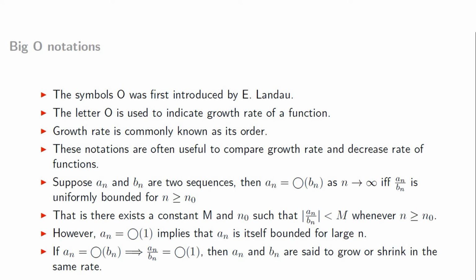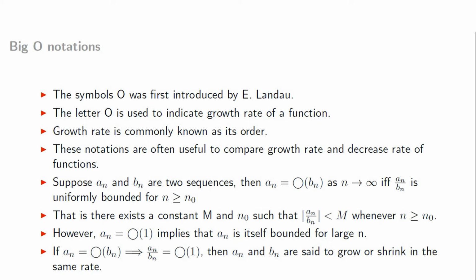Suppose an and bn are two sequences. Then an equals big O of bn as n tends to infinity if and only if the ratio an by bn is uniformly bounded for n greater than or equal to n naught. That is, there exists a constant M and n naught such that modulus an by bn is less than capital M whenever n exceeds n naught.